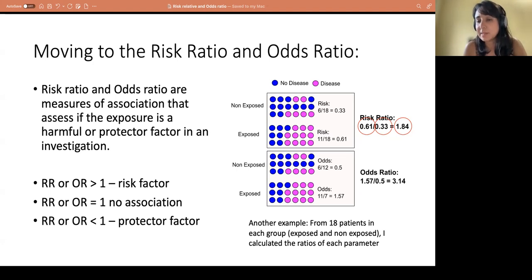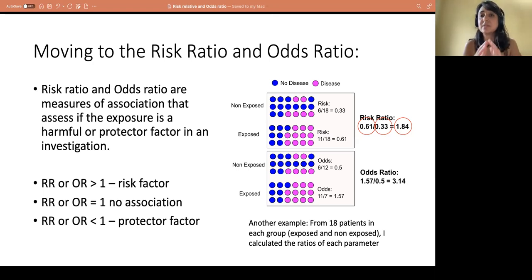On the other hand, the odds ratio is very similar. We will calculate the ratio of the odds of being exposed and not being exposed to develop the condition. So the first odds we will calculate in the exposed group. Again, we have 11 patients that developed the disease.